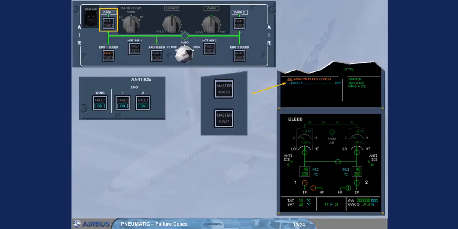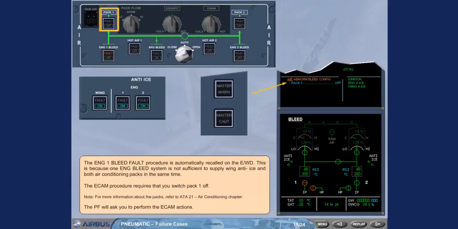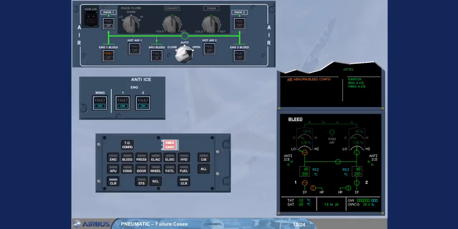The pilot flying will ask you to perform the ECAM actions. We have switched pack 1 to off for you. After review and confirmation by the pilot flying, we will clear the message.